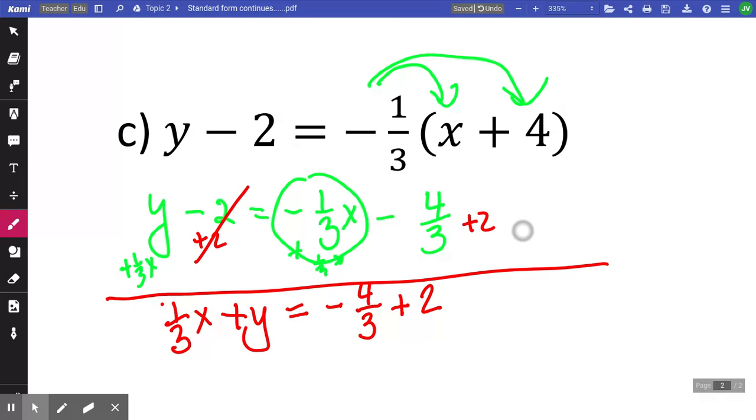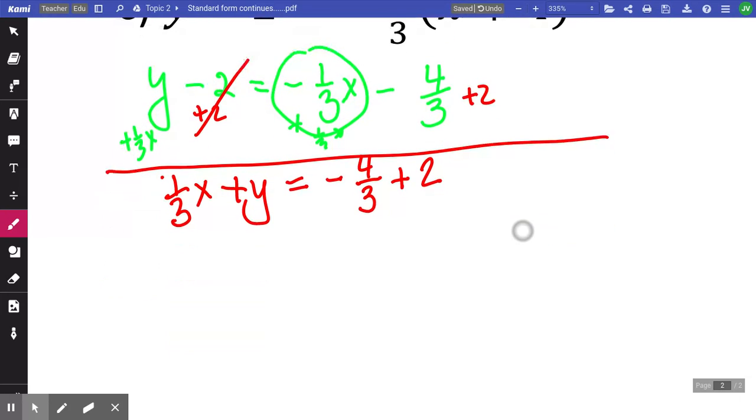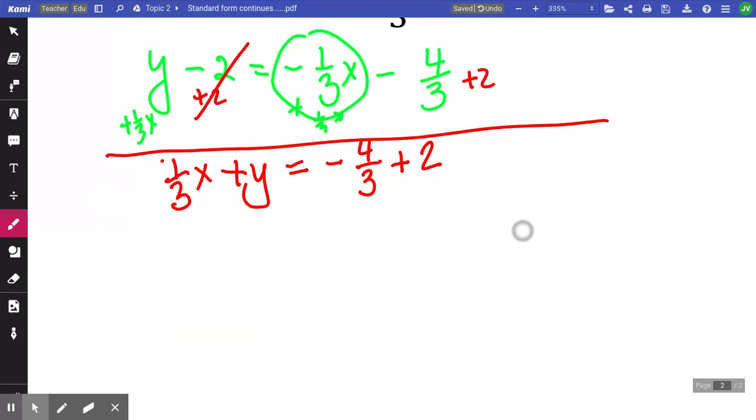I'm not finding the common denominator because I'm going to try to cancel that 3 anyway. So if I need to get rid of this 3 here, I multiply by 3 to cancel that. But I have to do y times 3 as well, and negative 4/3 times 3 as well, and 2 times 3 as well.